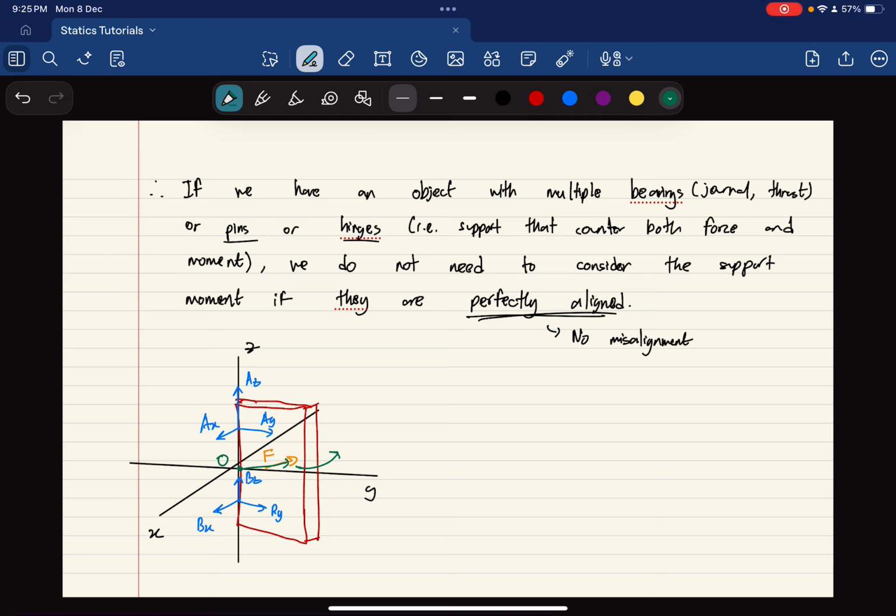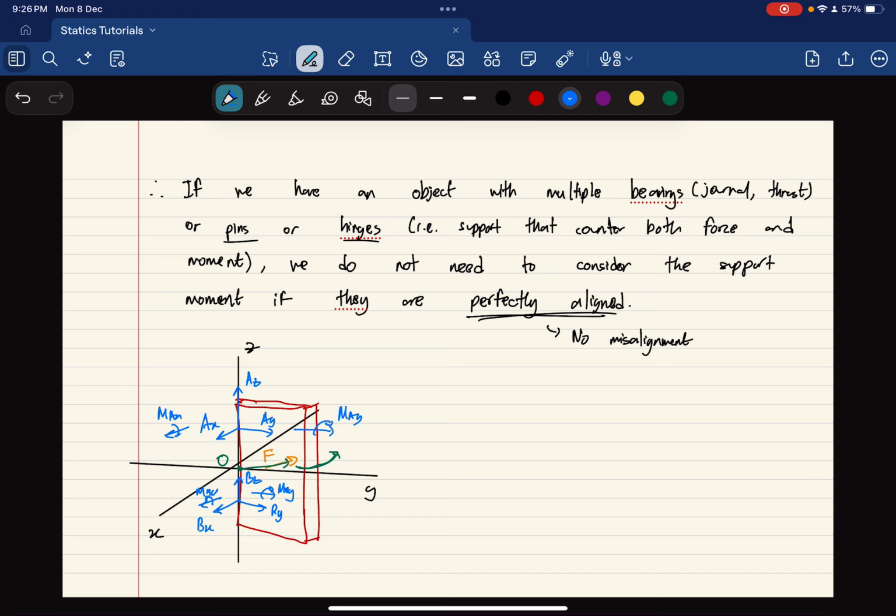Because the hinge allows rotation along the z-axis, whereas for y and x, as you're well aware, you'll create a support reaction moment. So this is MAY, for instance, MAX, and so on. We also have MBX and MBY, because we cannot rotate in the X and Y, but we can rotate in the Z direction. That's how you open and close the door.